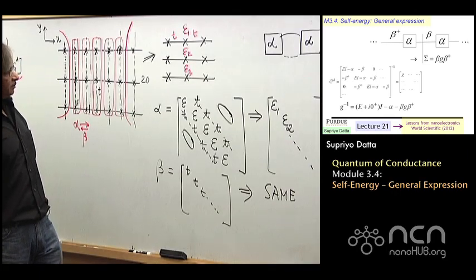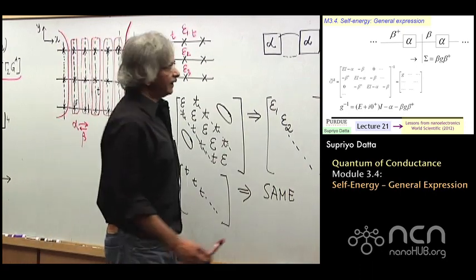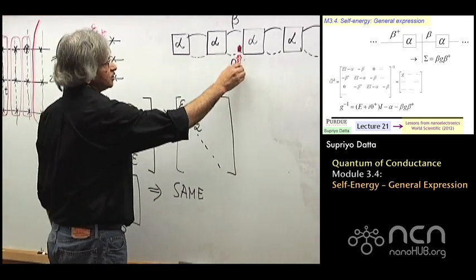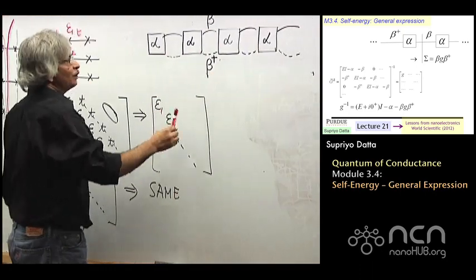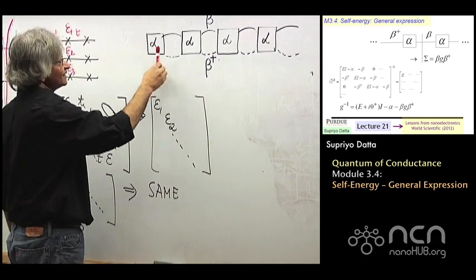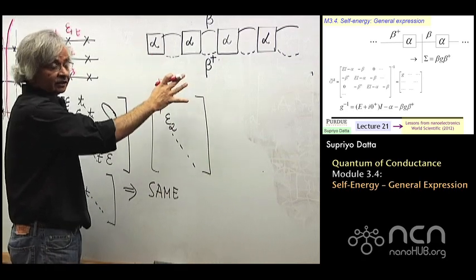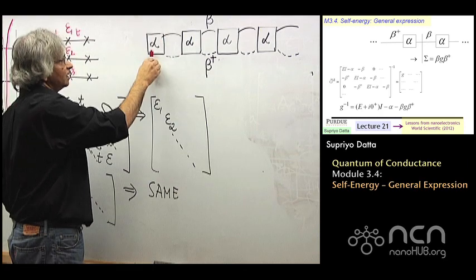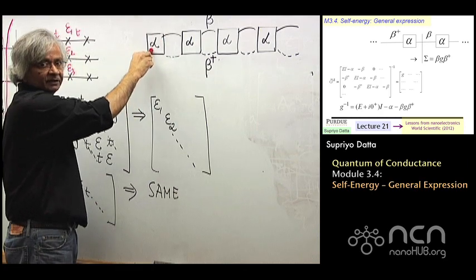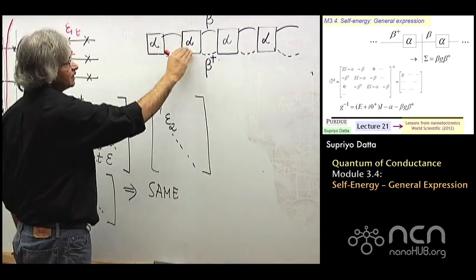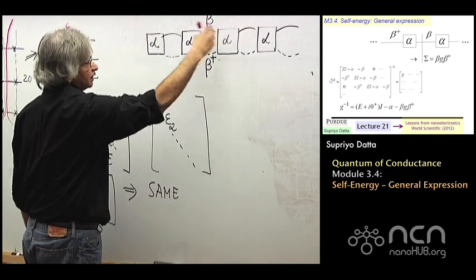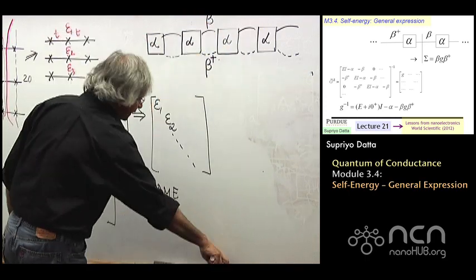So the general problem we are talking about is this one-dimensional chain. It is one-dimensional in the sense that it's basically a two-dimensional conductor, but each column is represented by a matrix alpha, and these alphas are connected to each other by these beta matrices.